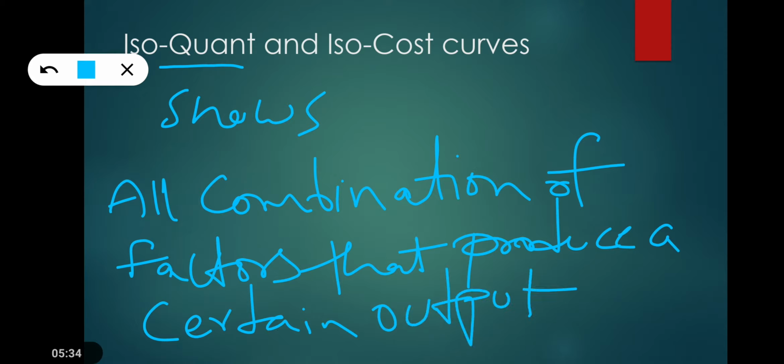An isoquant curve shows the different combinations of capital and labor that give the same output, that is, the same total output.